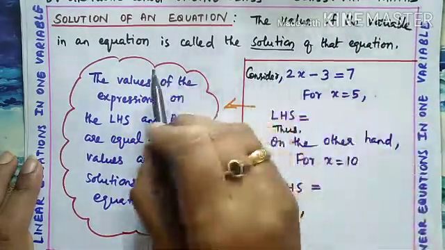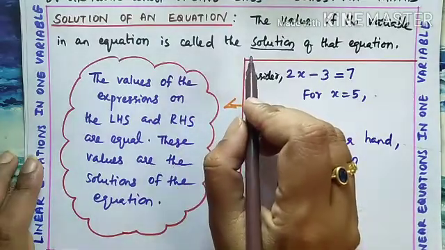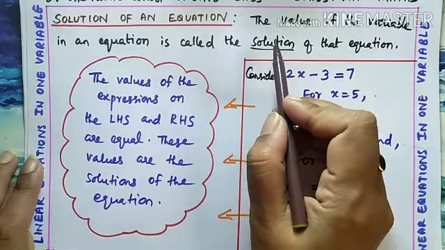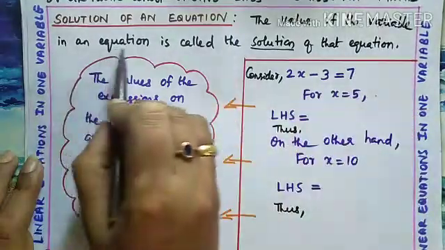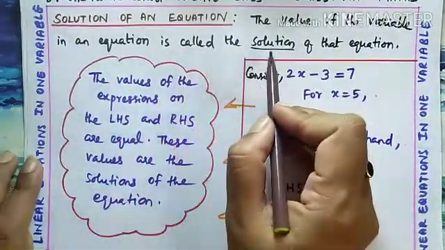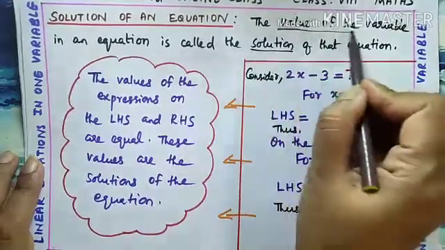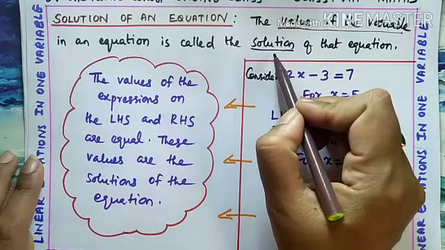In this linear equation, only one variable we are studying, and we are going to find its value. The value of the variable in an equation is called the solution of that equation. So solution means the value of the variable.